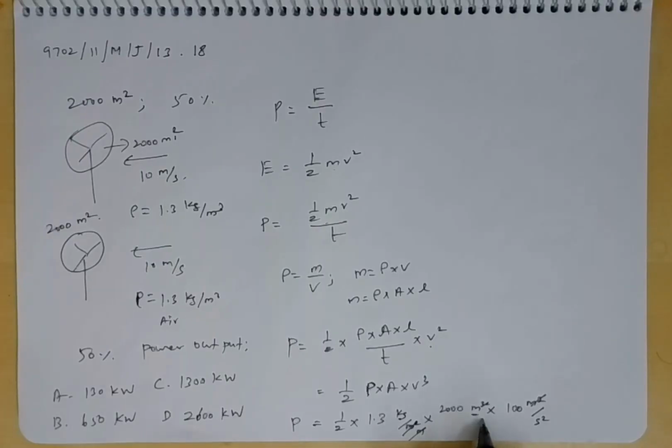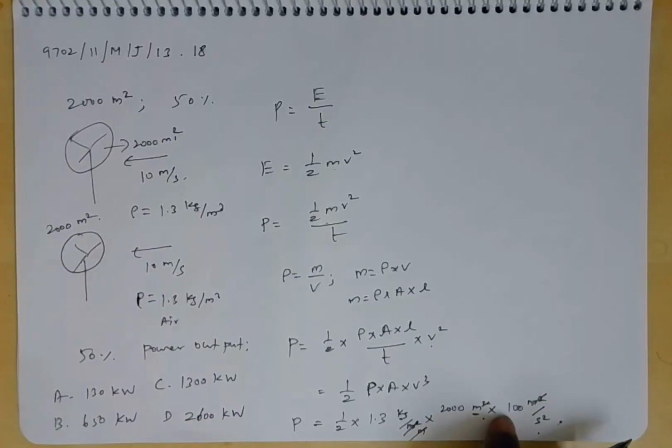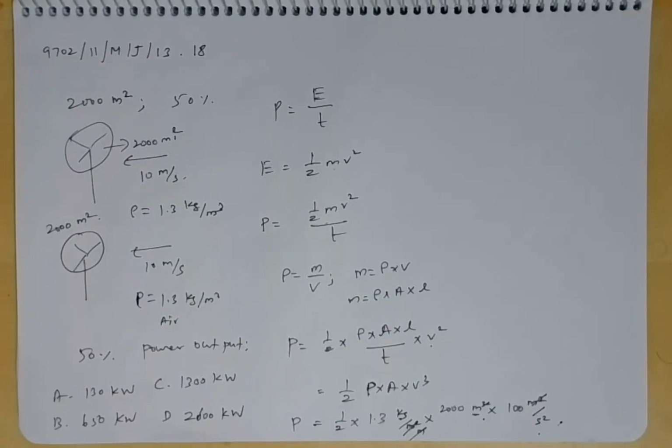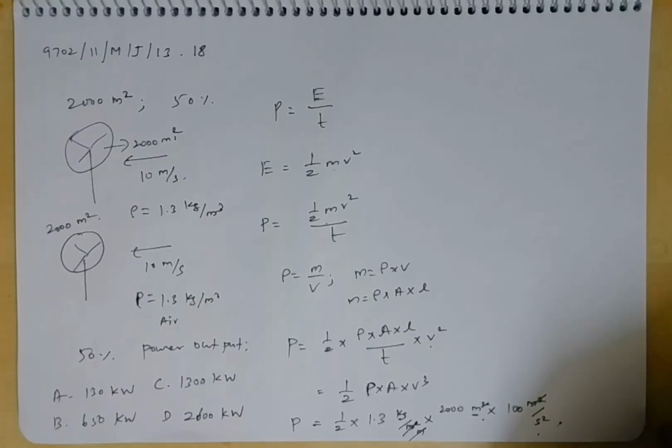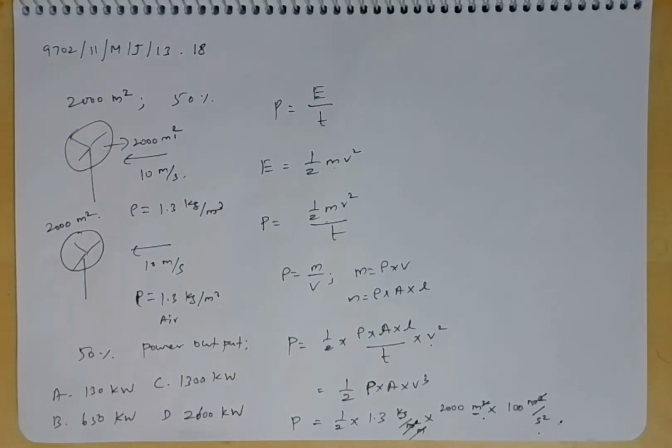So kilogram meter per second square divided by... How much did you get? 6500 is far from the actual answer. Have you got 6500 for this one?